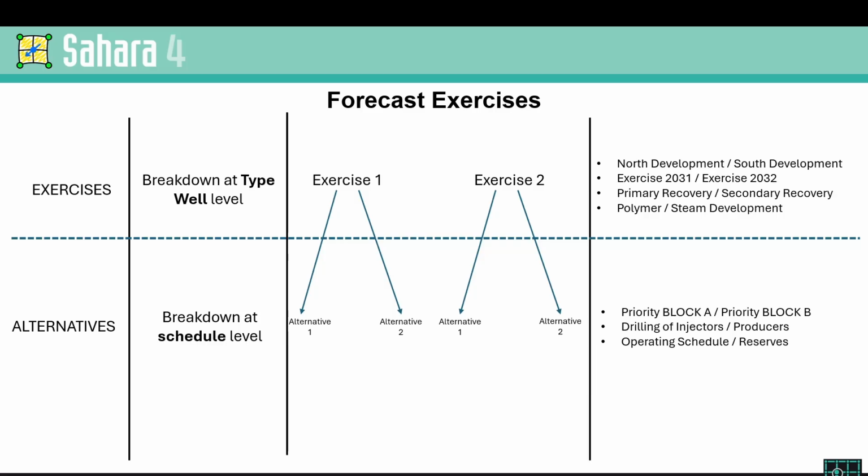So, to summarize, we are going to have first exercises that define different groups of type wells, and inside each exercise we may have different alternatives that are going to define the different schedules that are going to use these well types. In this way, we organize all the information that we need to have our forecast exercise defined.